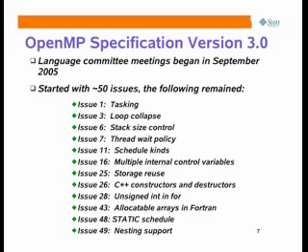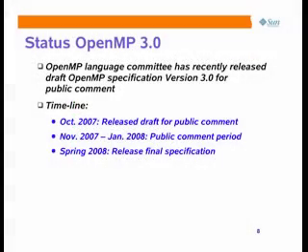The timeline is as follows. In October 2007, a draft OpenMP 3.0 specification was released for public comment, and the public comment period will go on till January 2008. So try and get in your comments before January if you can. In spring 2008, the specification will be finalized and released as the final 3.0 specification.